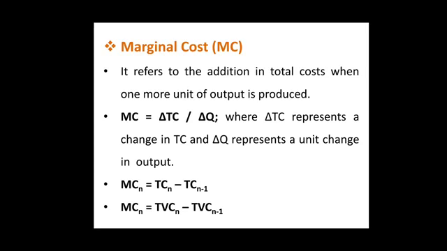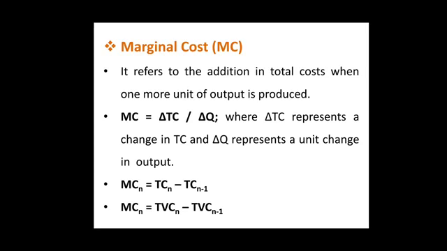Thus, in the short run, marginal cost can be calculated either from total cost or from total variable costs. As total variable cost and total cost first fall and then rise, marginal cost also behaves in the same way.